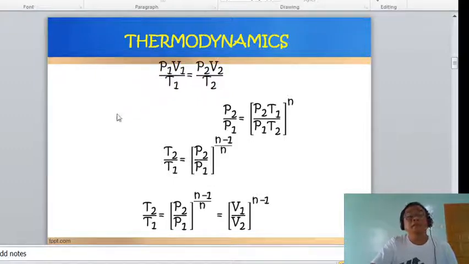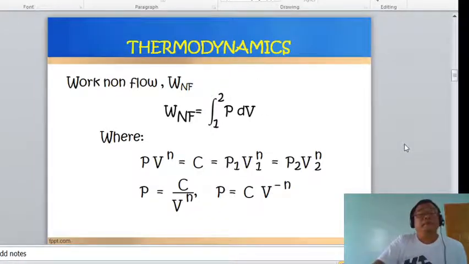And then from the equation PV raised to n equals constant, getting the ratio of the pressures becomes P sub 2 over P sub 1 equals V sub 1 over V sub 2 raised to n. This is the same as the formula in the previous slides.